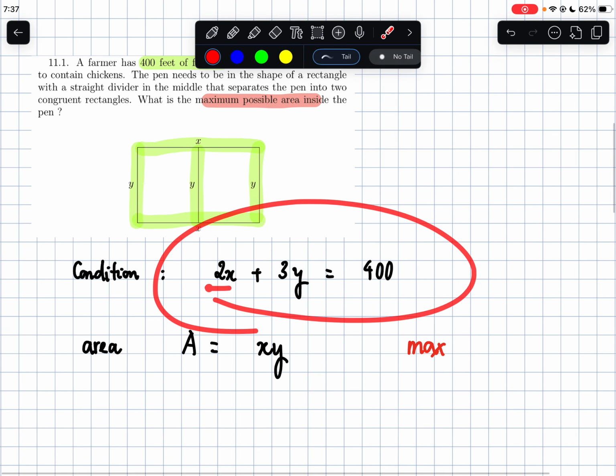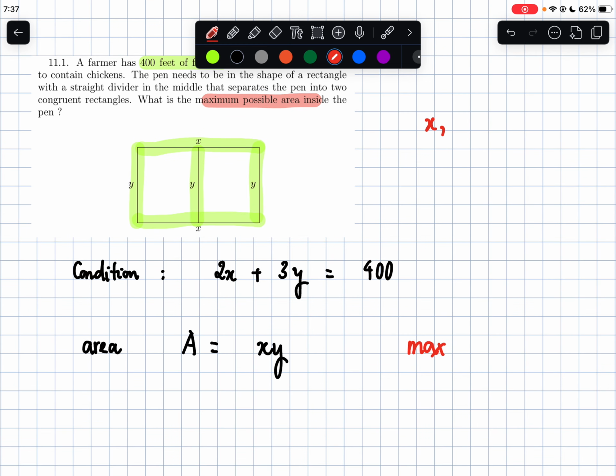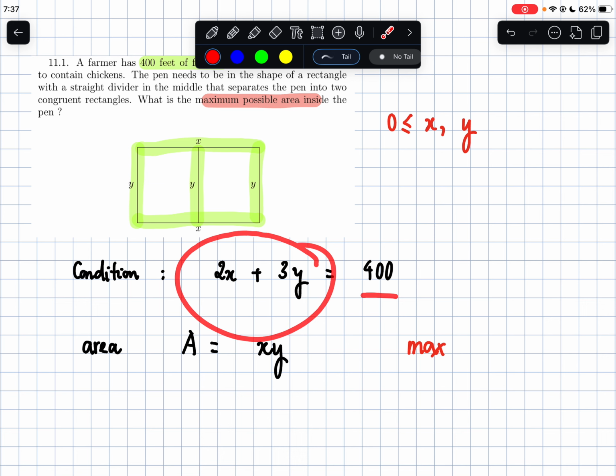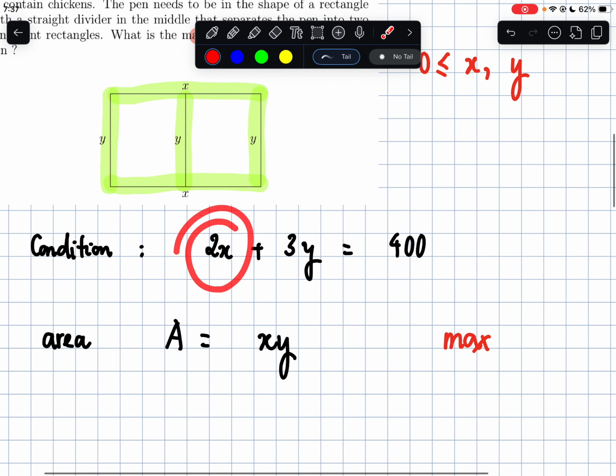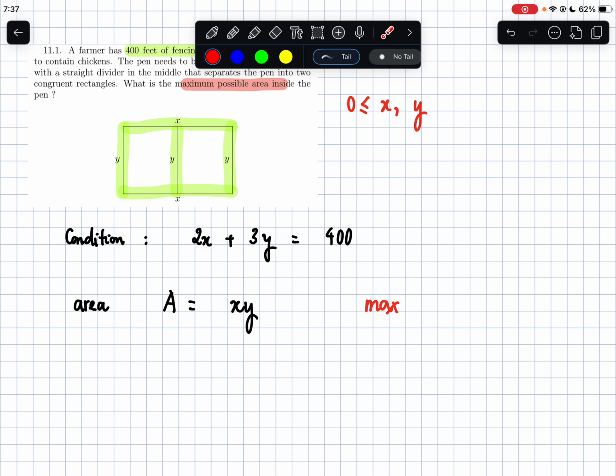For example, x and y here are lengths, so they must be at least 0, so they are all positive. We also know that this sum is at most 400. So 2x is at most 400, 3y is at most 400, because each term is at least 0.